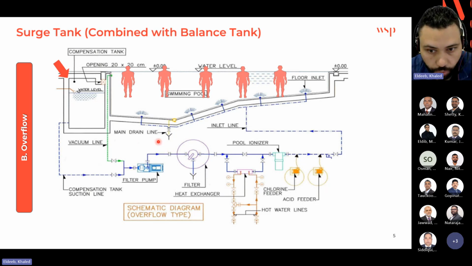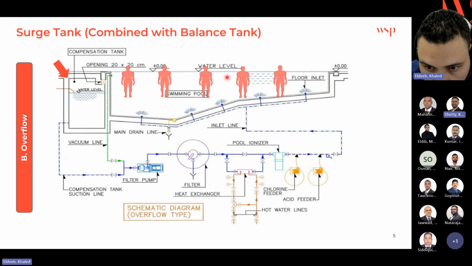We use the surge tank for managing the water displacement because it holds the displaced water due to swimmers entering the pool, and also to prevent airlock in the pump by controlling the fluctuation in the water level and regulating the water flow entering the pump.